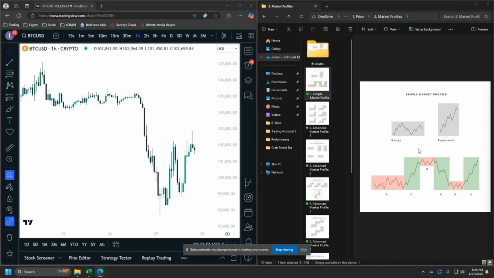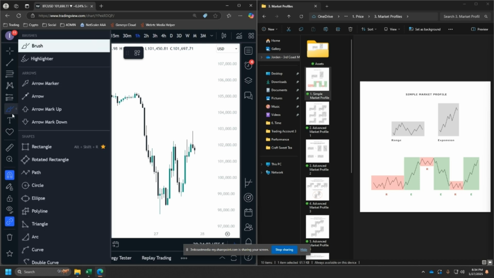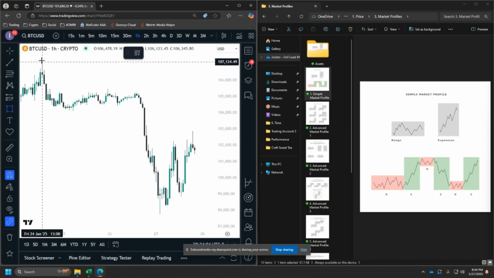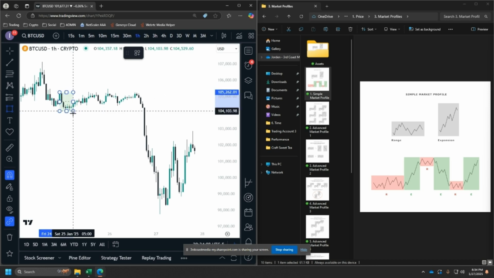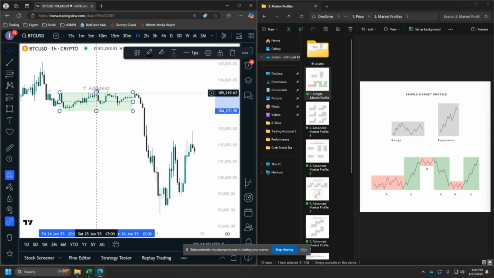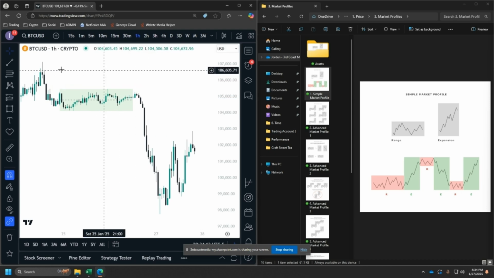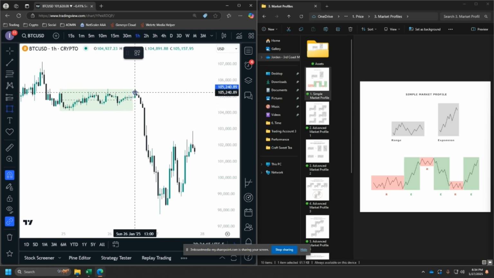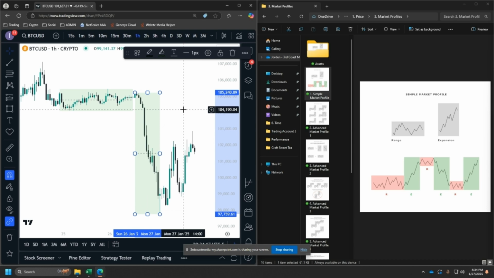Market profiles begin with a range. So when we're looking at the chart, if we see here on the left, let's say we were trying to mark up the simple profiles, we can say we have a range here, and then we have an expansion here.